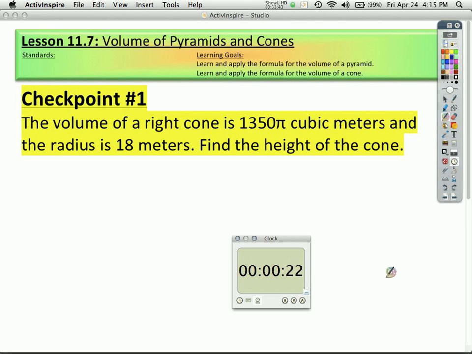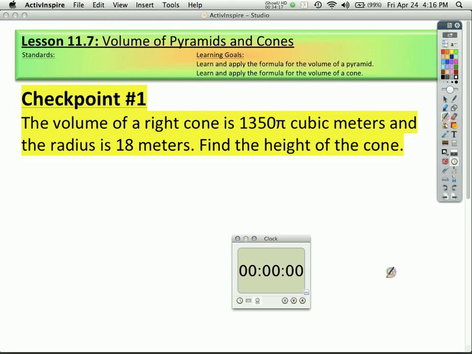That's the formula. Yeah, but it's a circle, so it's pi r squared. Yeah, I got 12.5.